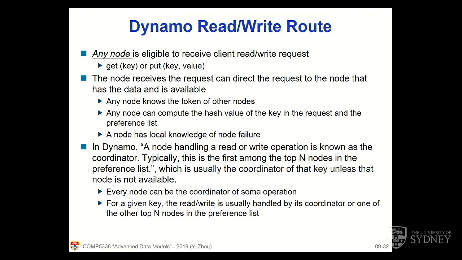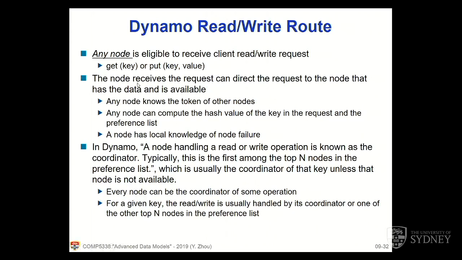It can send a query to that node. So any node is eligible to receive the client read and write request. It probably doesn't answer it itself, but it will direct the request to the node that can answer it. The read and write requests are very simple: get key, or put key and value. It only supports these two simple operations.